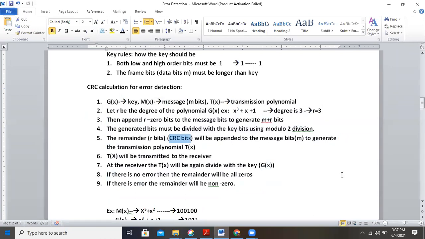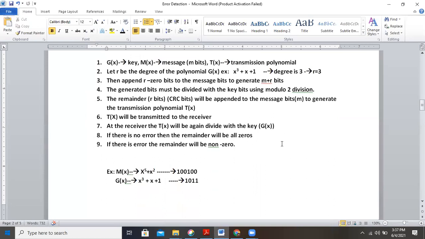These CRC bits we append to the message bits, and that will be the transmission polynomial, transmitted to the receiver, and the receiver again performs T of X by G of X. If there is no error, the remainder will be zeros, and if there is error, the remainder will be non-zero. If there is error, that means error is detected. It will inform the sender that there is error in the message, so that it has to retransmit. Okay, so let us take one simple example and see.